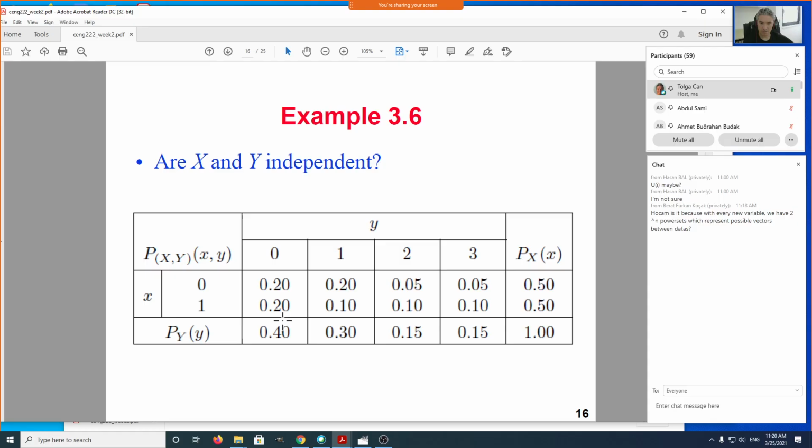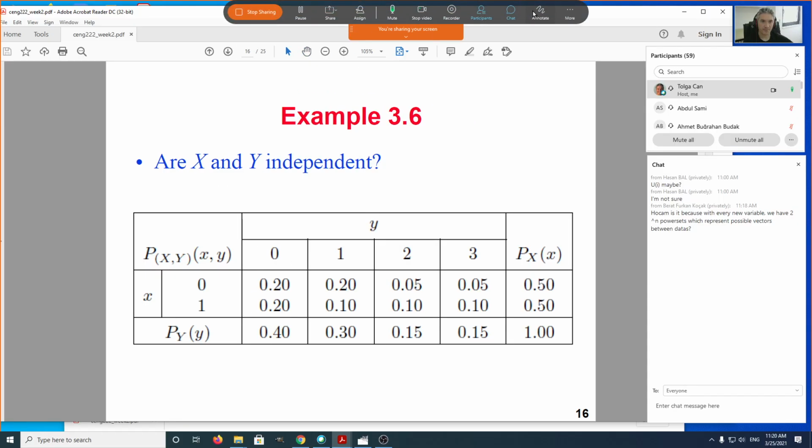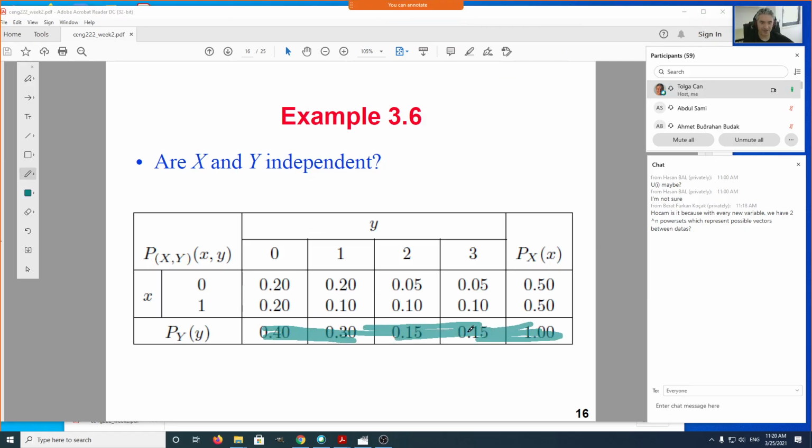We are given, so let's ignore this last part. Let's ignore the entries that are here. These 8 numbers that are given to us comprise the joint probability distribution of x and y.